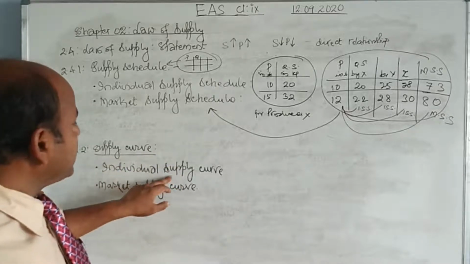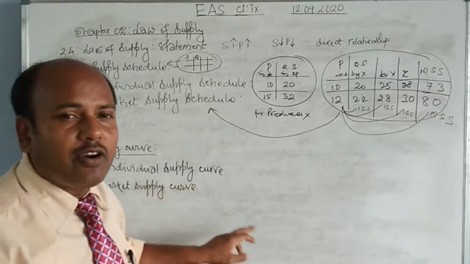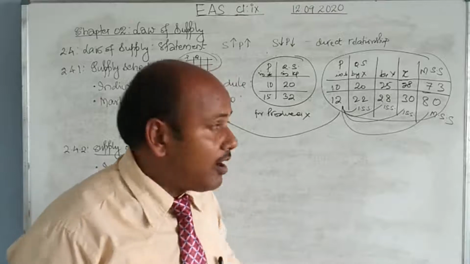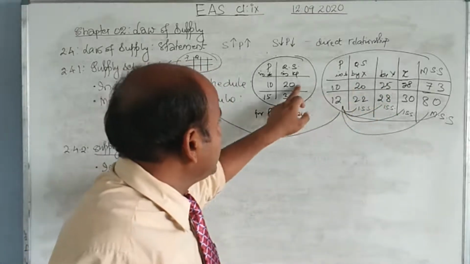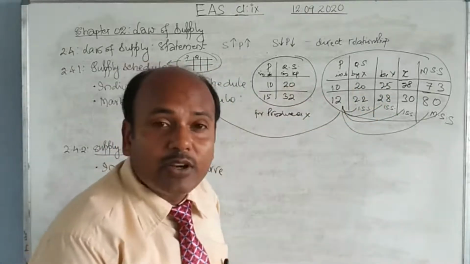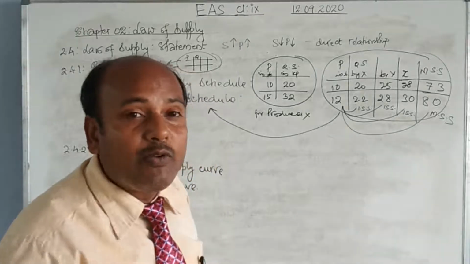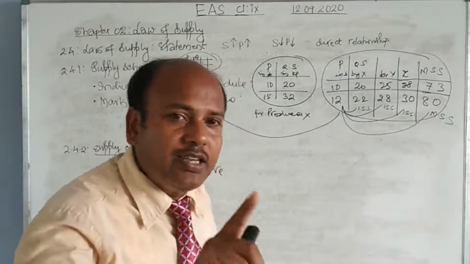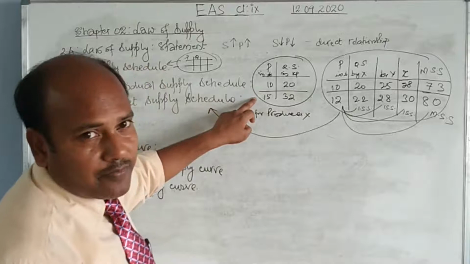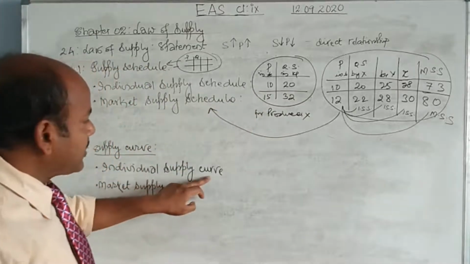Now what is individual supply curve? Individual supply curve is a graphical representation of different quantity of a commodity produced and offered for sale by one individual at different price. That's an individual supply curve.